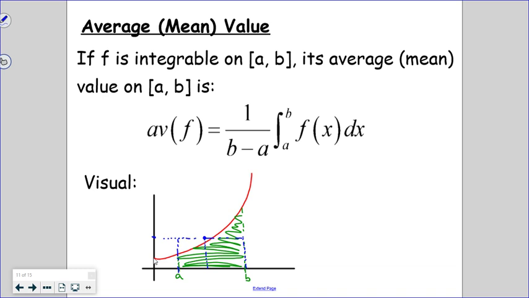And that's the average value of the red line on that interval. So if I can get the area of that rectangle to match the area under the curve, the height of that rectangle is the average value of that function. That's what it is doing in this formula. The formula itself is pretty easy to just plug and chug: 1 over b minus a times the integral from a to b of our function. But that's what it's doing. It's finding that average value of the function.